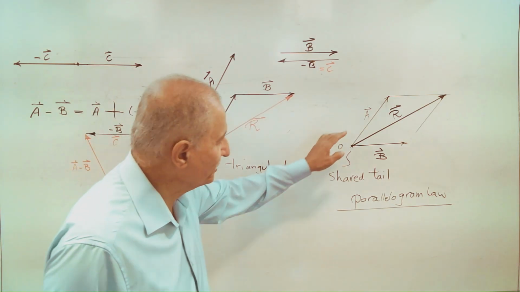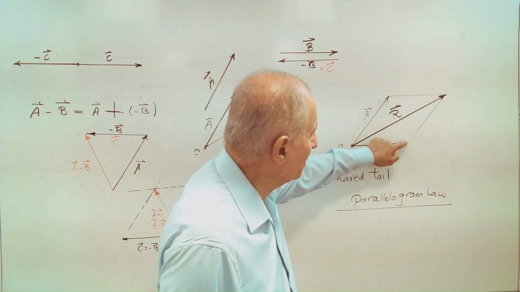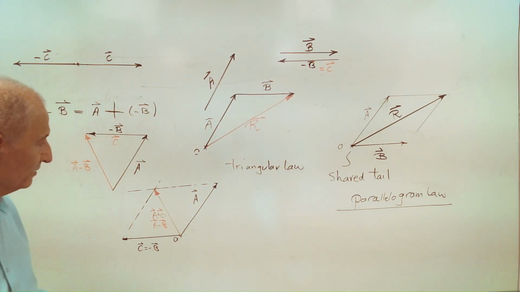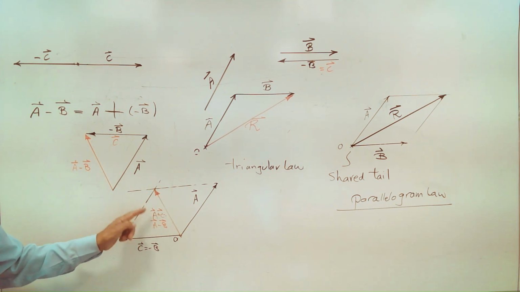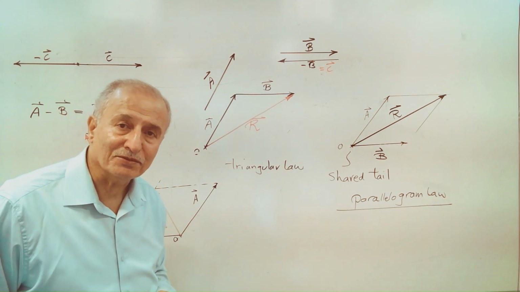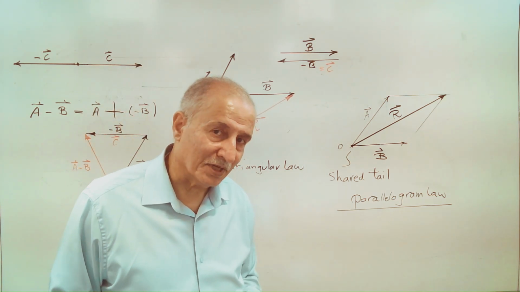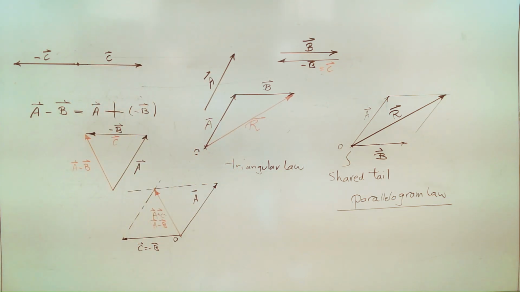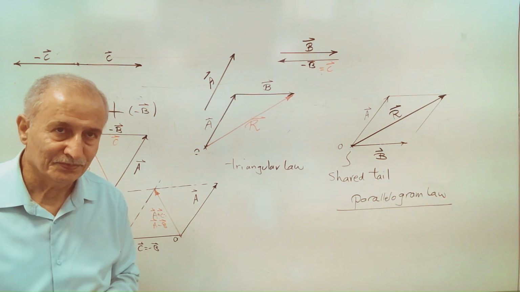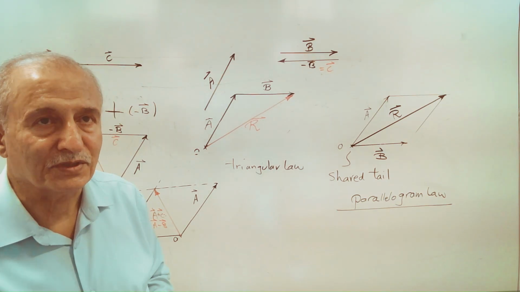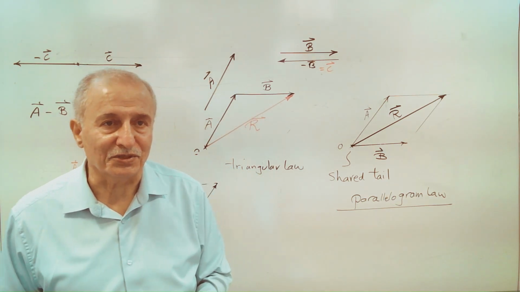Actually, when you add two vectors A and B, the other diagonal, the smaller one, shows the subtraction. Okay? Parallelogram law. This is addition and subtraction of two vectors. And multiplication of a vector by a negative number and a scalar, you saw that.